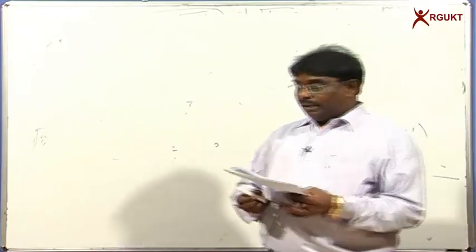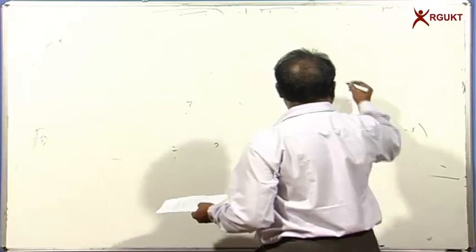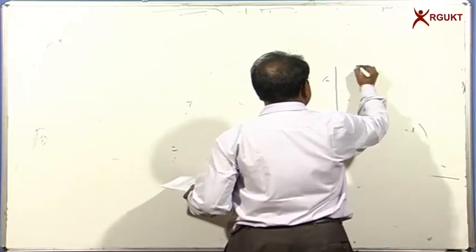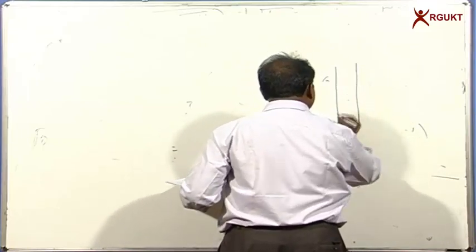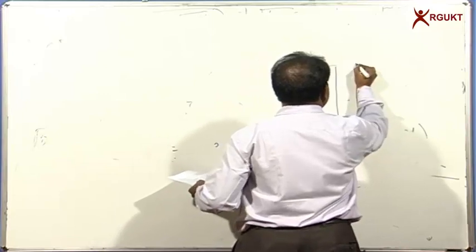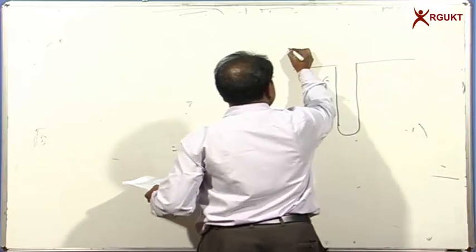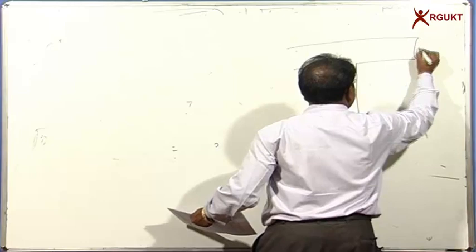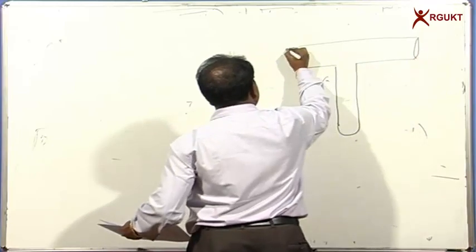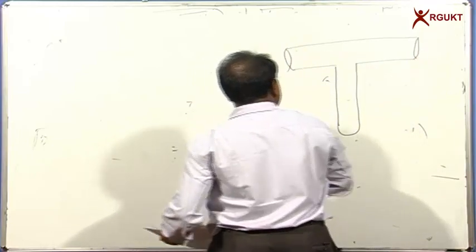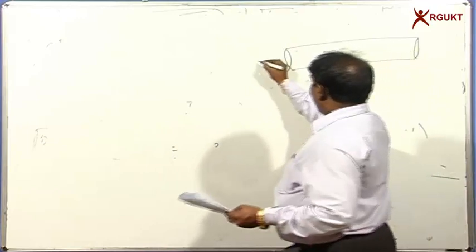So this is what we have discussed about Stefan's experiment. As we discussed, we have a narrow vertical tube connected with a horizontal tube, and that is Stefan's experiment.